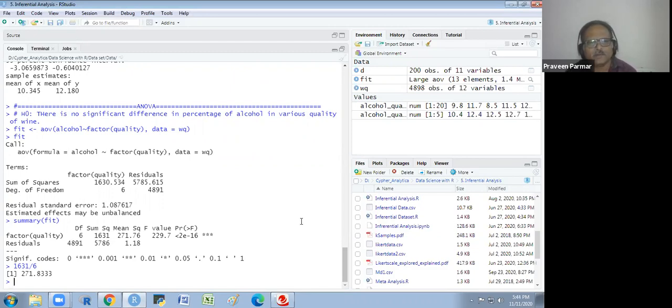Here the data is 4898, and the degree of freedom of residual is 4891. So it is n minus k, where k is the number of categories. We have 7 categories in the wine quality, and n is the total number of observations.